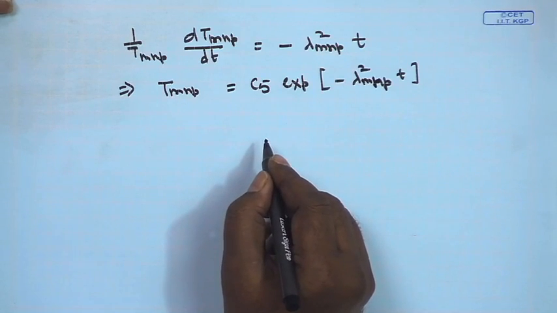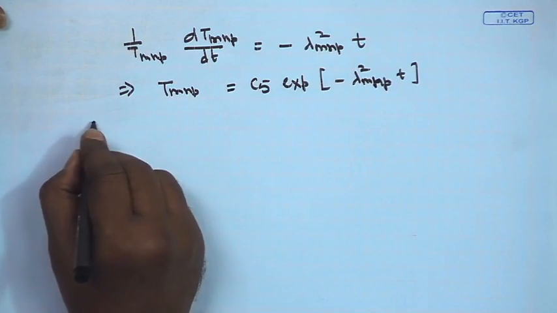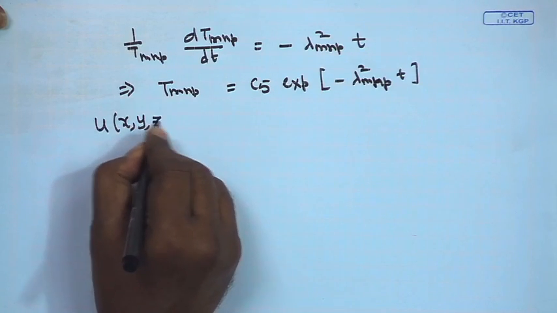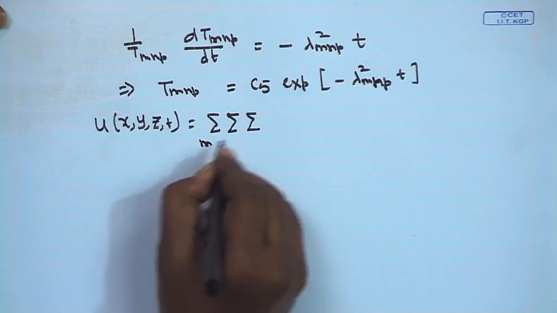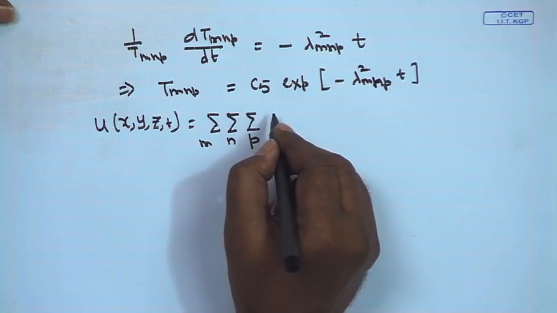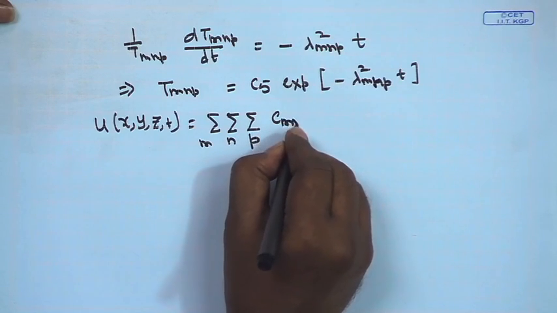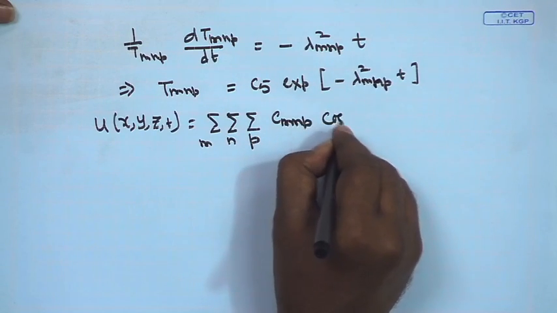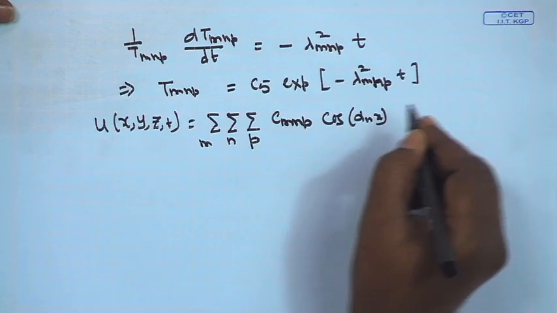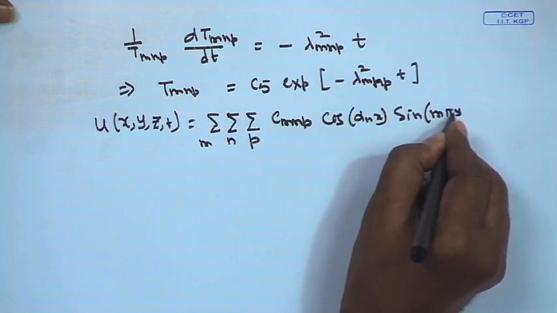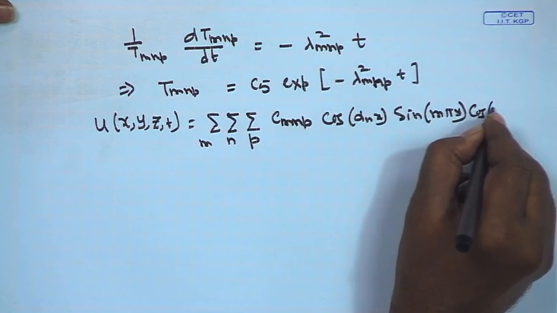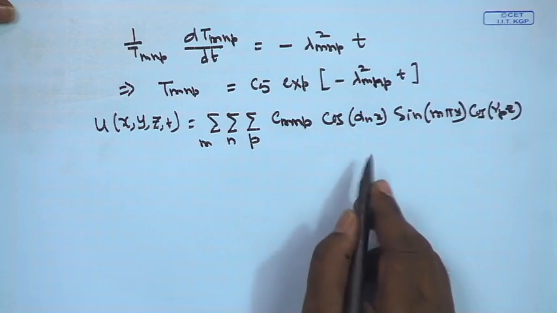So, we will be able to construct the complete solution now, and the complete solution u as a function of x, y, z and t is equal to a triple summation, one over m, another over n, another over p. All the constants will be multiplied, giving rise to a new constant C m n p, times cosine alpha n x, sin m pi y and cosine gamma p z, where alpha n is nothing but 2n minus 1 pi by 2, and gamma p is nothing but 2p minus 1 pi by 2.